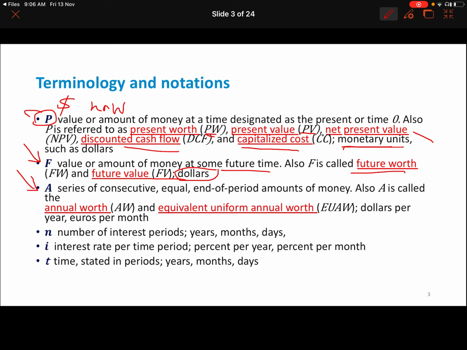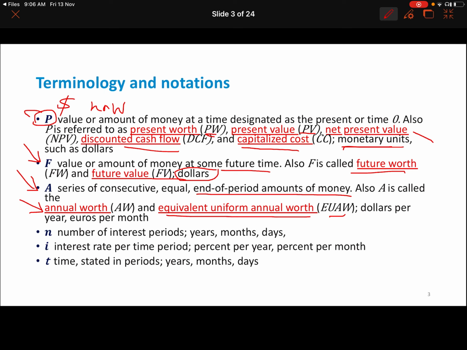A is the series amount of money, or a series of consecutive, equal, end-of-each-period amounts of money. This is annual worth, or equivalent uniform annual worth.